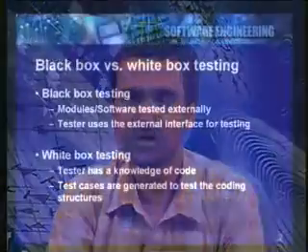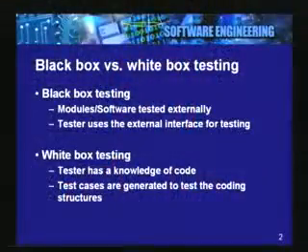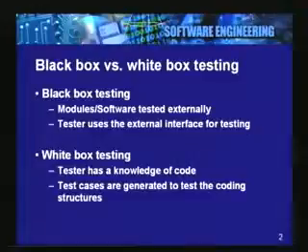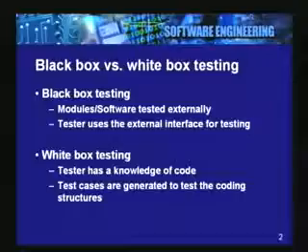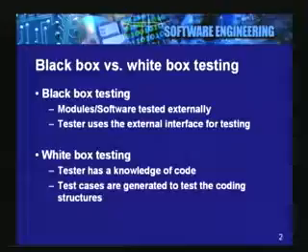So, let us first look at the different black box and white box testing techniques, and it is an overview of these two different techniques with a comparison. In black box testing, basically modules are first tested externally from the point of view of the externally observable behavior.